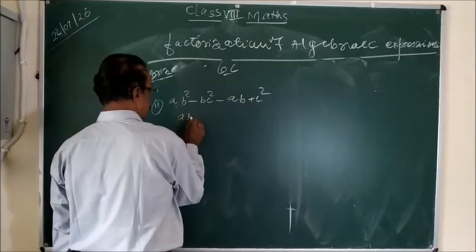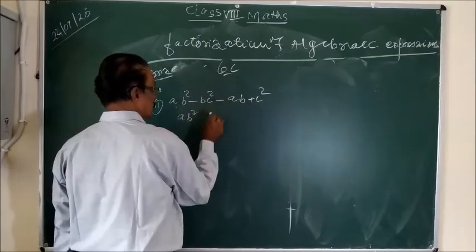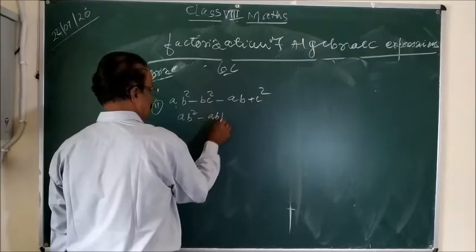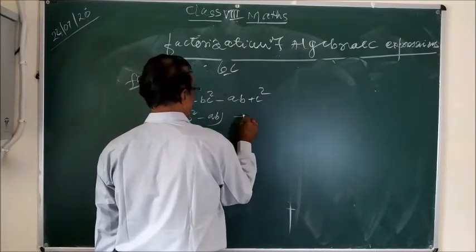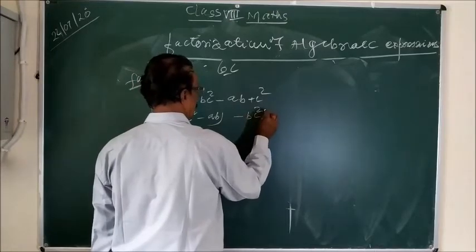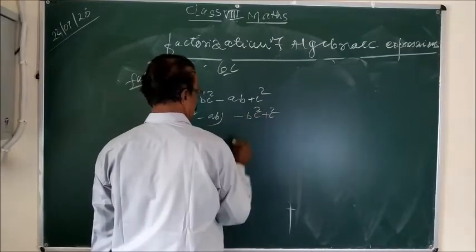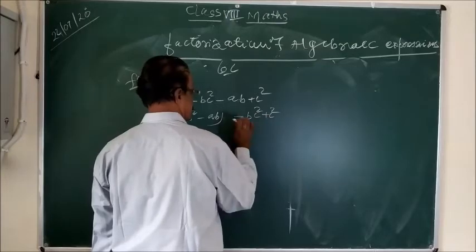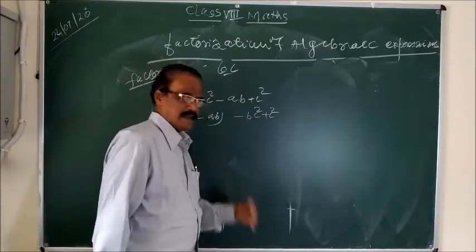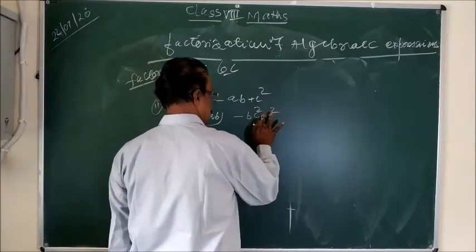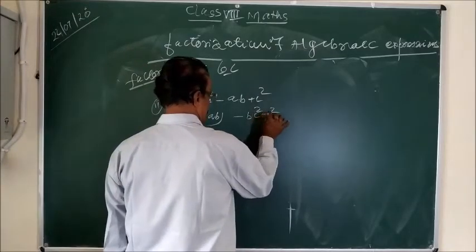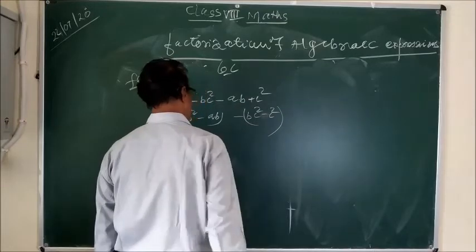So you can take AB squared minus AB, and the remaining two terms minus BC squared plus C squared. One thing I will tell you: when you put it in the bracket, this will be minus, and you can enclose it in the bracket.